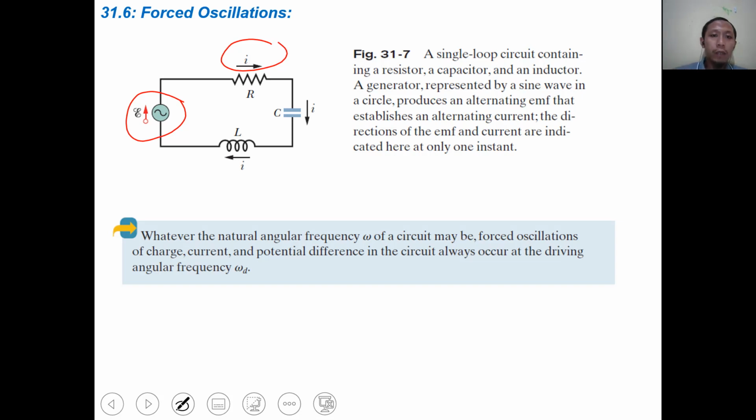So we have U_E here and U_B here. This is the energy stored in the capacitor and the energy stored in the inductor.